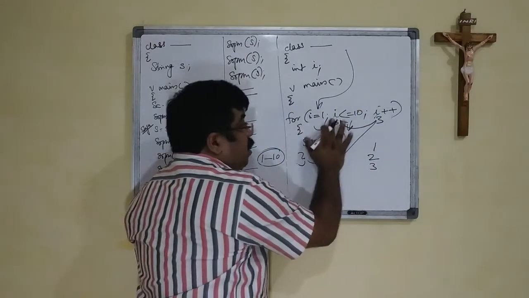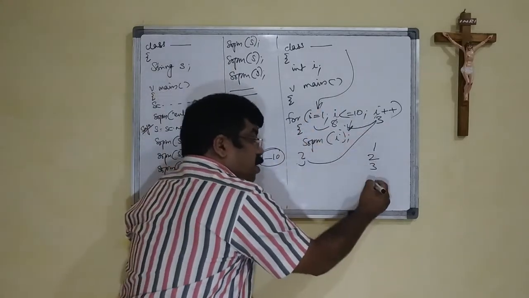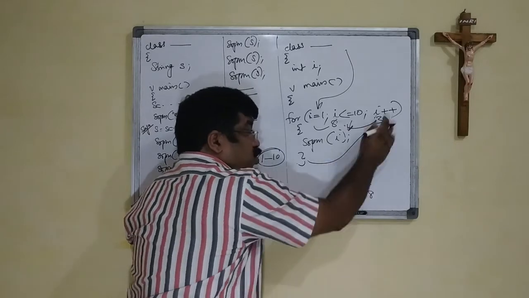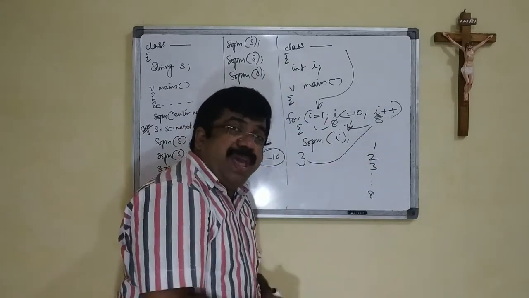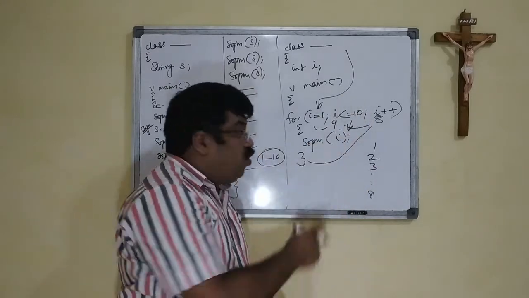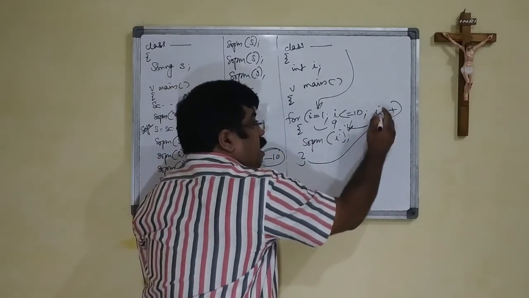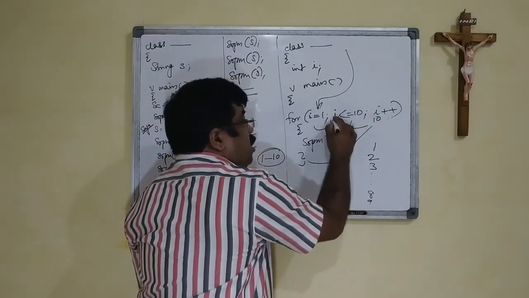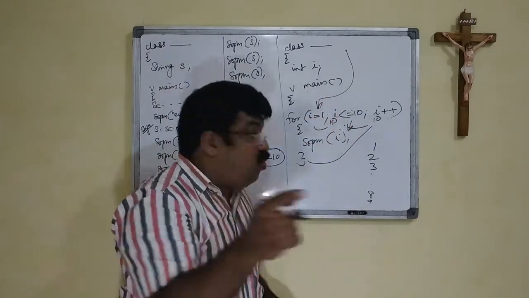Suppose we reach the value 8. 8 less than 10, 8 printed. 8 goes to 9. 9 less than 10, condition is true. SOPLN 9, 9 printed. 9 became 10. 10 less than 10 is false, but 10 equal to 10 is still true.